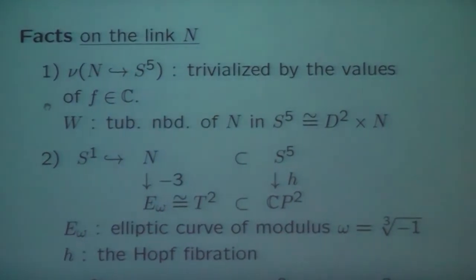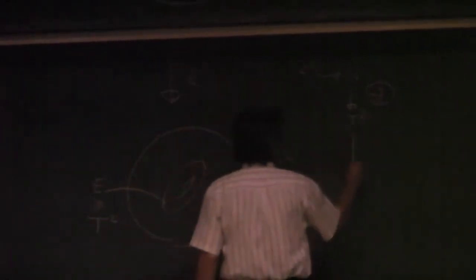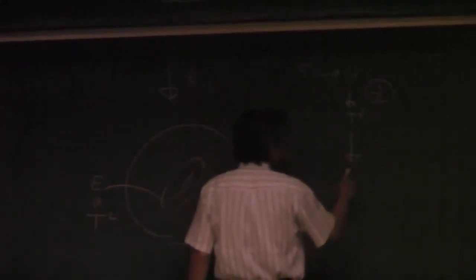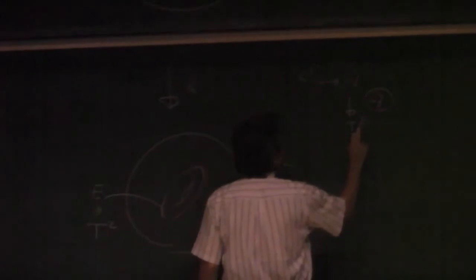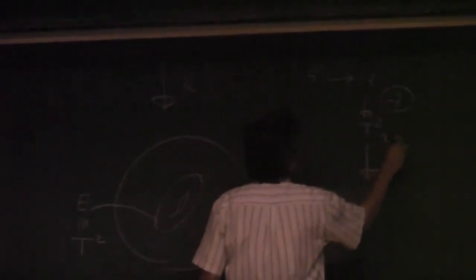So N is a circle bundle with first Chern number minus 3, but still we can go down. This is an important point. Here we have a T2, and we give coordinates x and y.